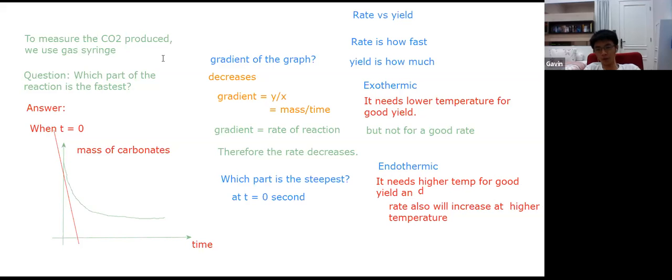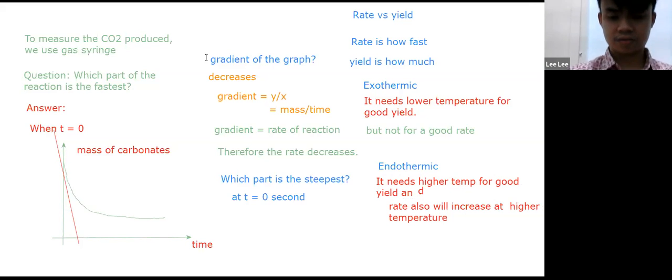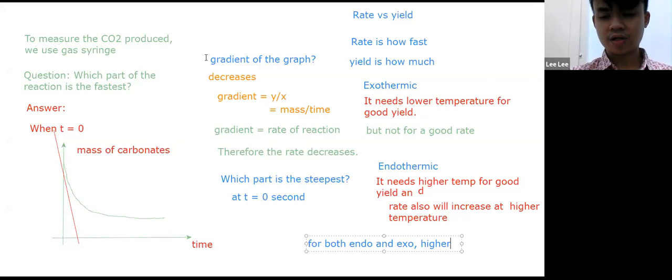Sir, what is the conclusion for exothermic? It means for both endo and exo, high temperature will give a faster rate.